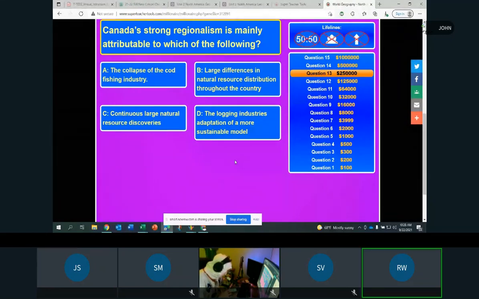Canada's strong regionalism is mainly attributable to which of the following? A. The collapse of the cod fishing industry. B. Large differences in natural resource distribution throughout the country. C. Continuous large natural resource discoveries. Or D. The logging industry's adaptation of a more sustainable model.